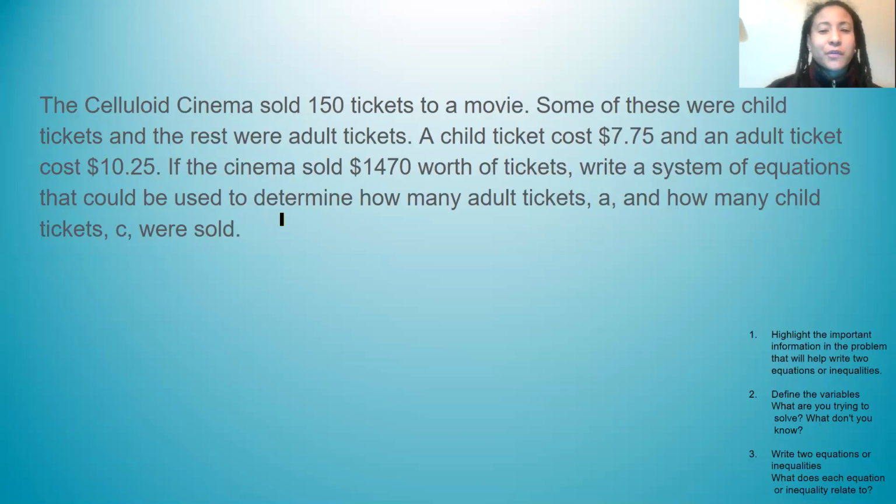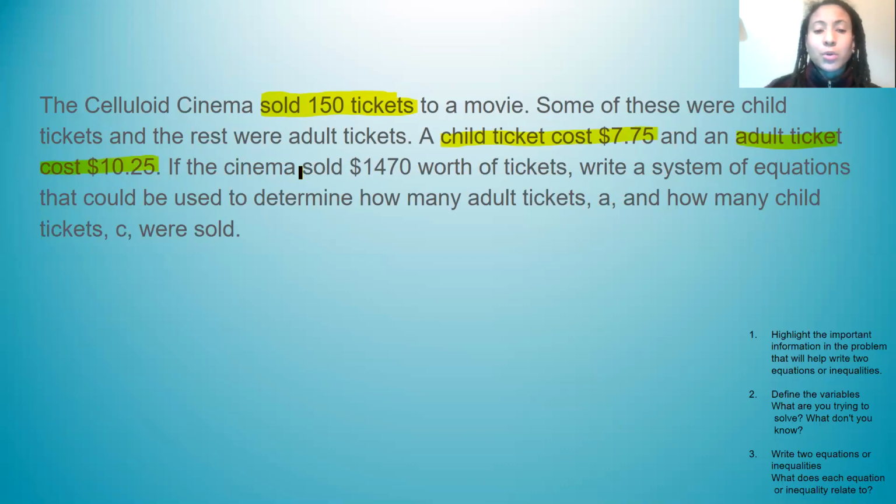All right. So the first thing we want to do is highlight, like I said. All right. So the first thing we see here is it sold 150 tickets to a movie. All right. Then from there, we know a child ticket costs $7.75 and adult tickets cost $10.25.